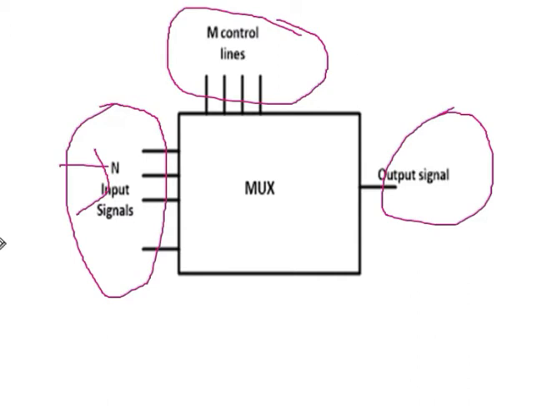So multiplexer, hope you understand. It has a number of inputs but output is only one. I have taken today only 4 into 1, but a number of inputs like 8, 10, 12 you can take, but your output is only one. At a time you can't give all the inputs to get output. So next we will move.